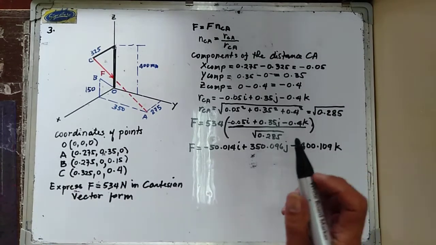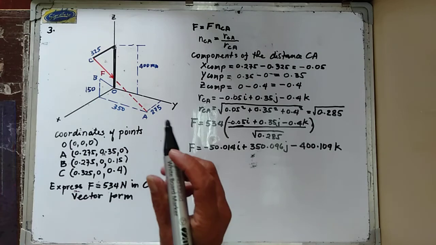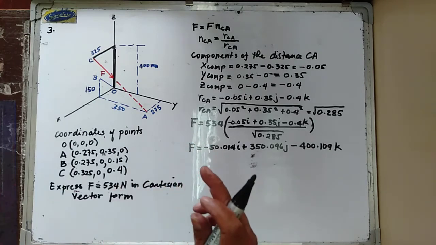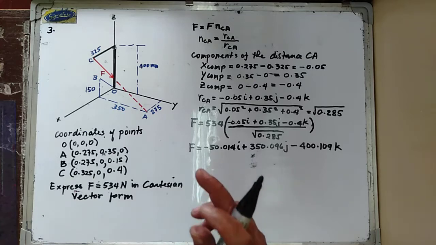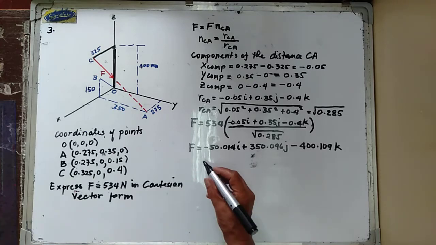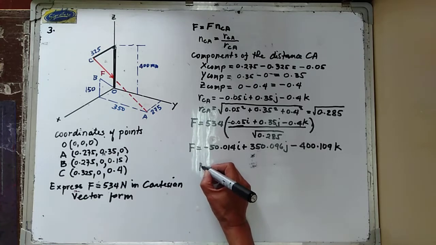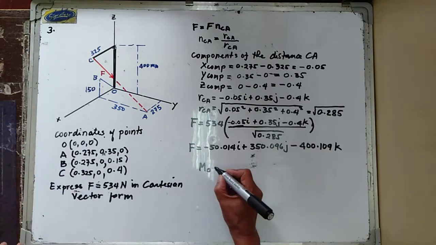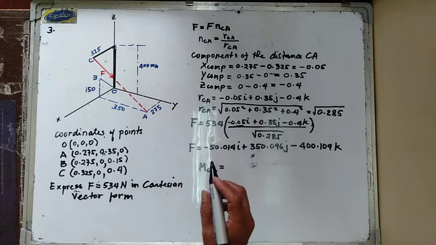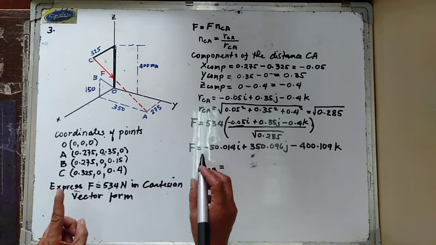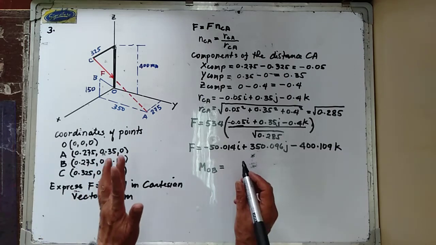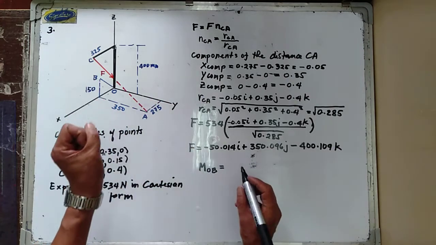Now, we are required to determine the scalar component of the moment at point O about line OB. So the moment of the vector F about line OB is equal to the moment of this vector about point O, as indicated in the problem.